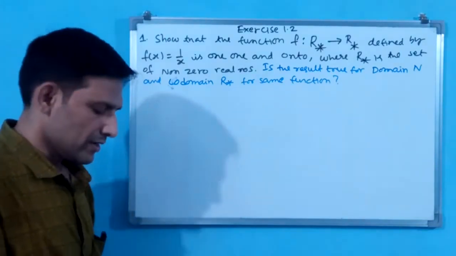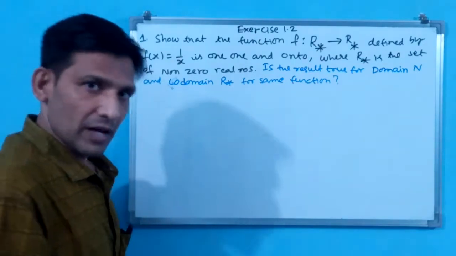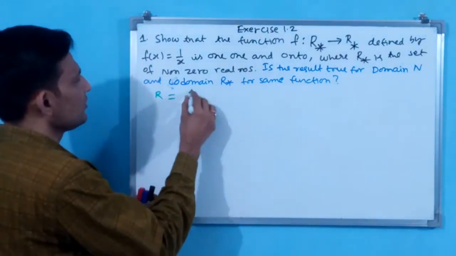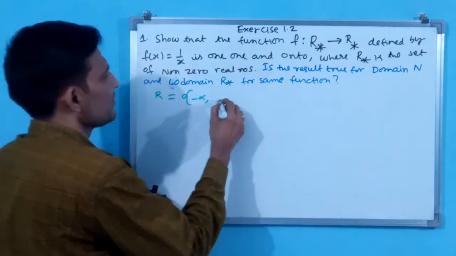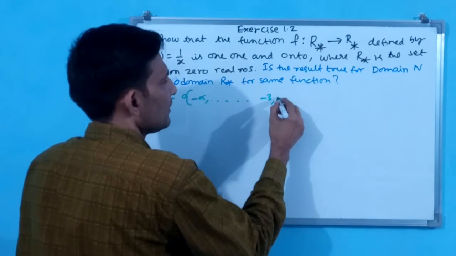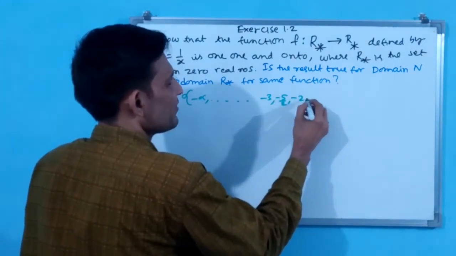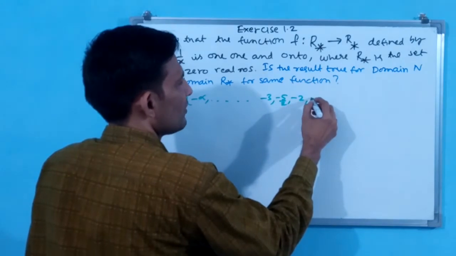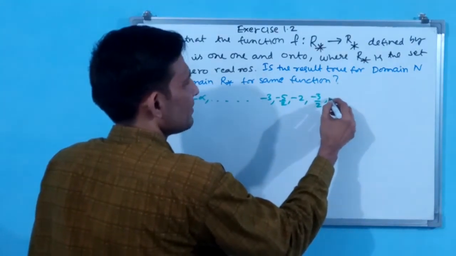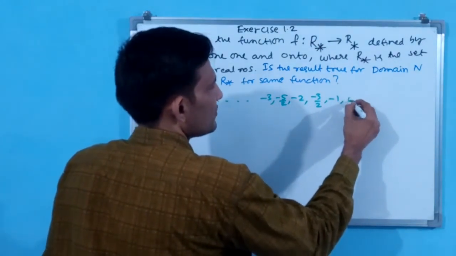Now first we finish this portion of the problem, then we go for the second one. Now we will write first what is R. R is important. See here, R is equal to, I am writing, minus infinity to, say, minus 3, minus 5 by 2, minus 2, minus 3 by 2, minus 1, and 0.